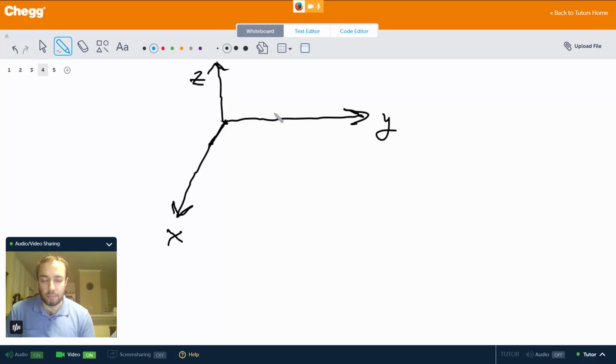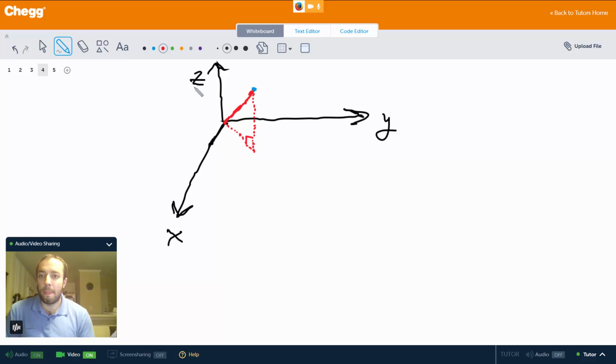So again, let's say we have a point, maybe somewhere over here. And then there's a distance from the point to the origin. And I want to drop a perpendicular here onto the xy plane. So again, this is a right triangle.